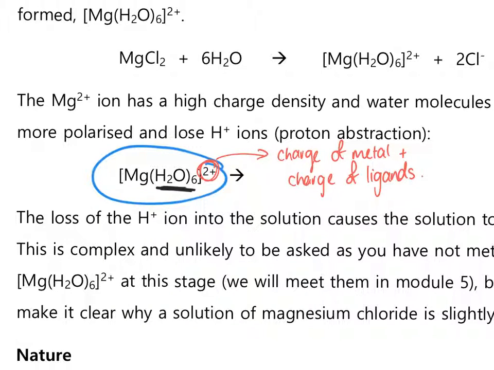But what you saw happening is, let me see, go to the next page for this. Okay, what happens is because magnesium has a high charge density, it can polarize one of those water molecules. So if you think of your water molecule something like this, the delta negative sits on your oxygen, obviously, and then the delta plus sits on your hydrogen.